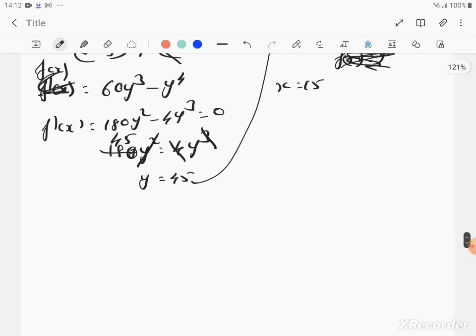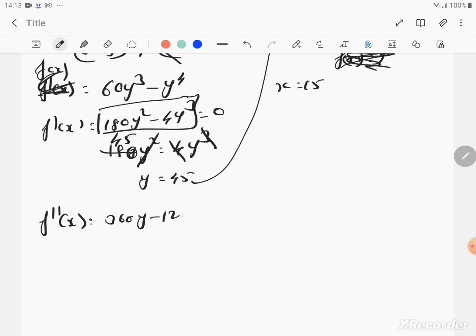We've already done that. You want to know if it's maxima for sure. Where is the differentiated value? This is the differentiated value. Take it and do a double differentiation verification. It will be 360 y minus 12 y square. And you know y you got at 45. So y is 45. So substitute 360 into 45 minus 12 into 45 the whole square.